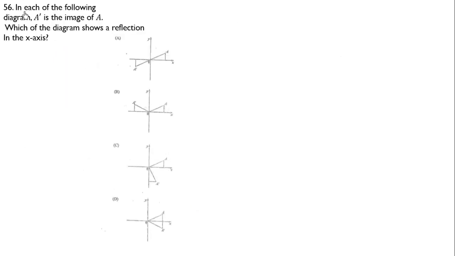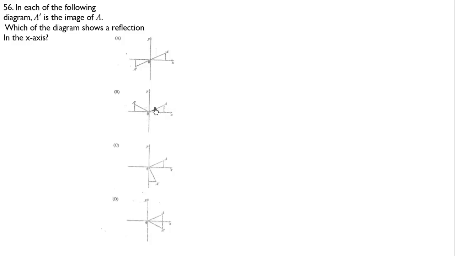Now we have this number 56. In each of the following diagrams, A prime is the image of A. Which of the diagrams shows a reflection in the x-axis? So we know for reflection in the x-axis, it will be like a mirror. So this A prime is the image of this.